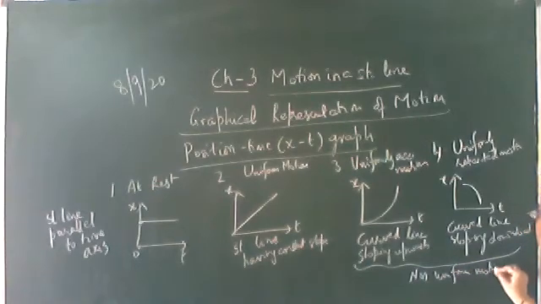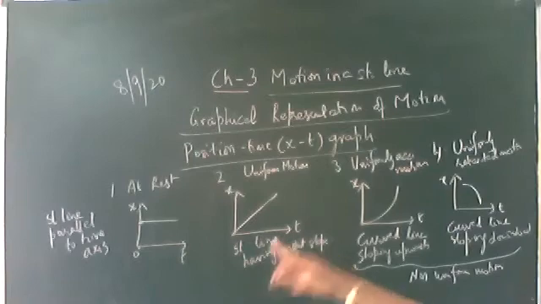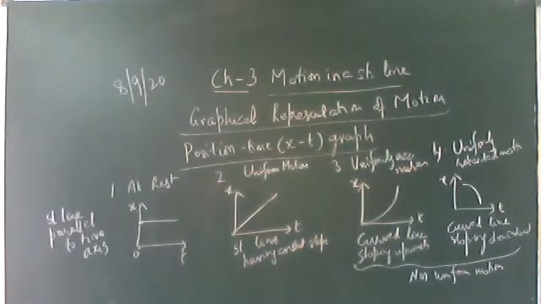You can draw it as such. So this is the position time graph. Now from this position time graph, we can find out the speed of the object. First draw all these graphs and along with the graph, write down as is given here. For an object at rest, it will be a straight line parallel to the time axis.